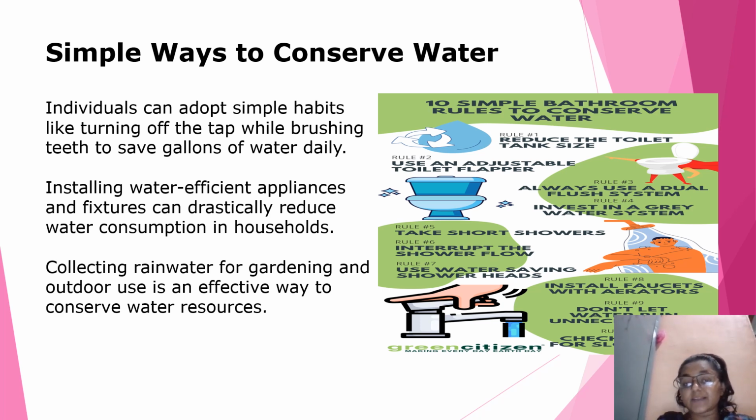Installing water-efficient appliances and fixtures can drastically reduce water consumption in households. Collecting rainwater for gardening and outdoor use is an effective way to conserve water resources.